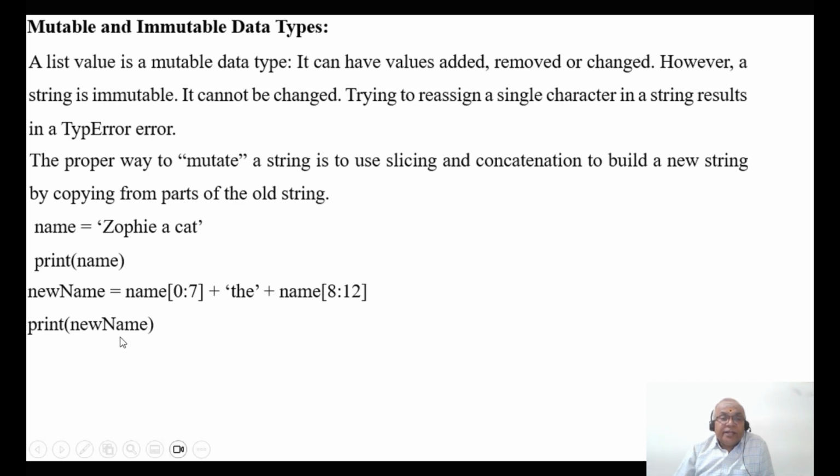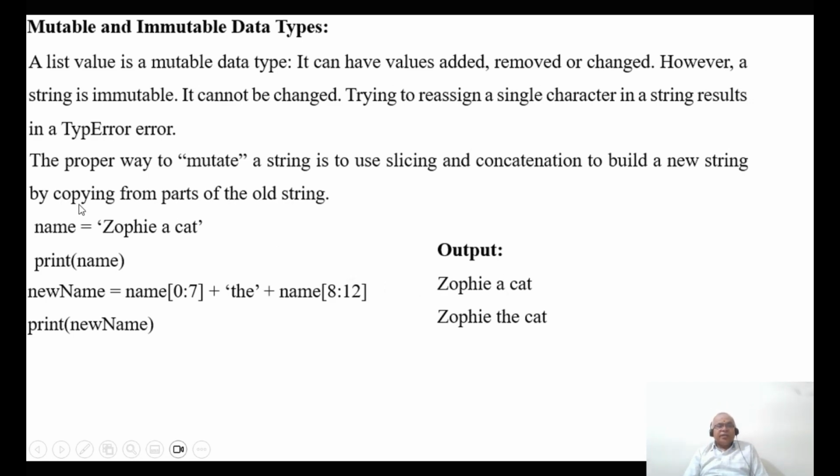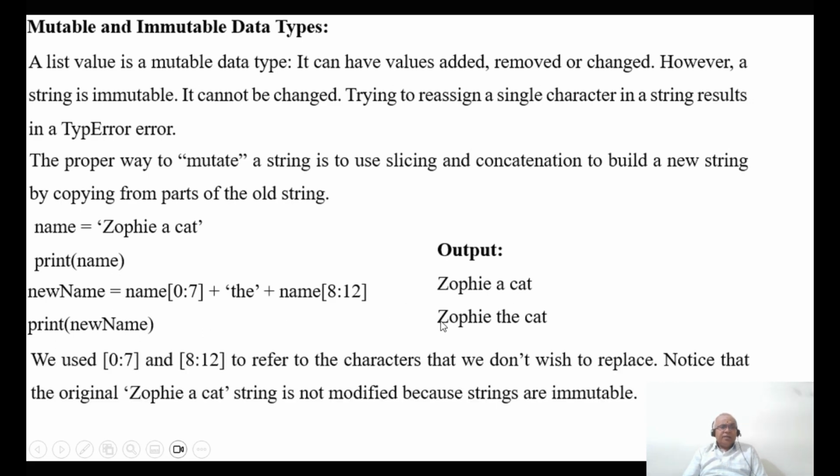So what is going to be the new name? The new name is going to be Zophai the cat. So this is going to be the output. That means Zophai a cat is assigned to the name variable, and Zophai the cat is assigned to new name, because I am printing the old name and also the new name here.